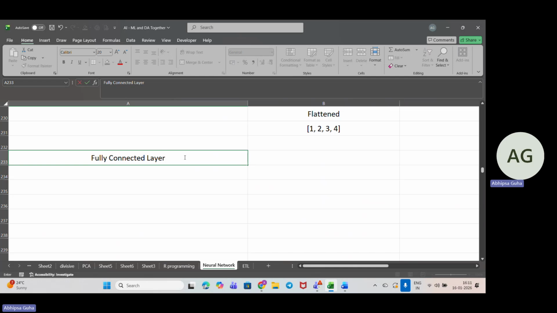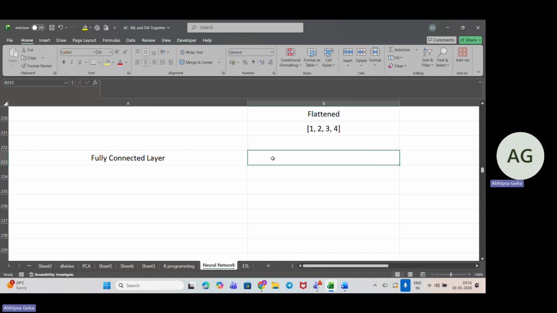We take these things in the same way: input times weight plus bias, and this goes to the activation function. So it combines all the learned features and decides what image it is.